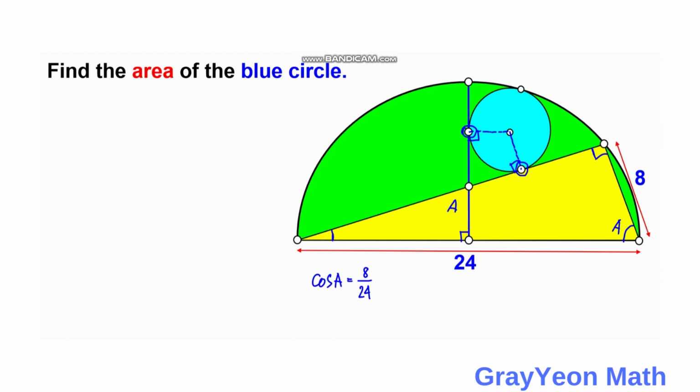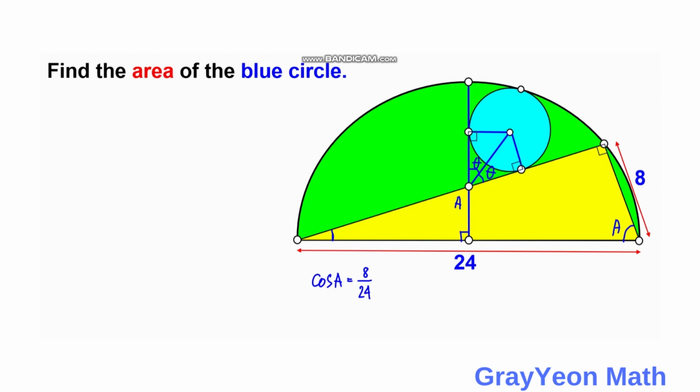If you draw a line from the center of the blue circle to the point of intersection of the vertical line and the leg of the largest right triangle, we can put two angles here. Let's say this is theta, and these two angles are equal because of tangents of the circle. These two triangles are congruent, so these two angles are theta.